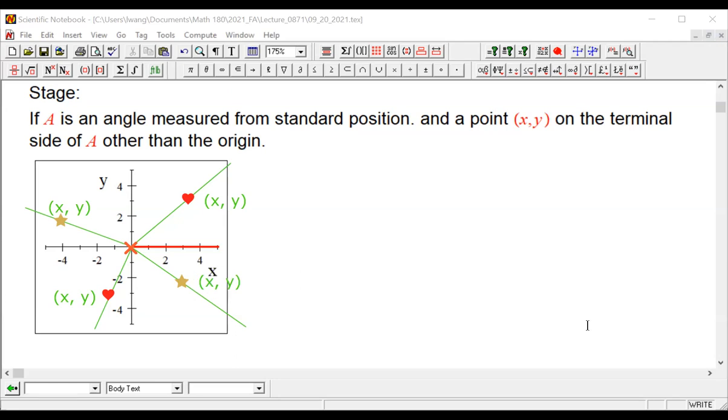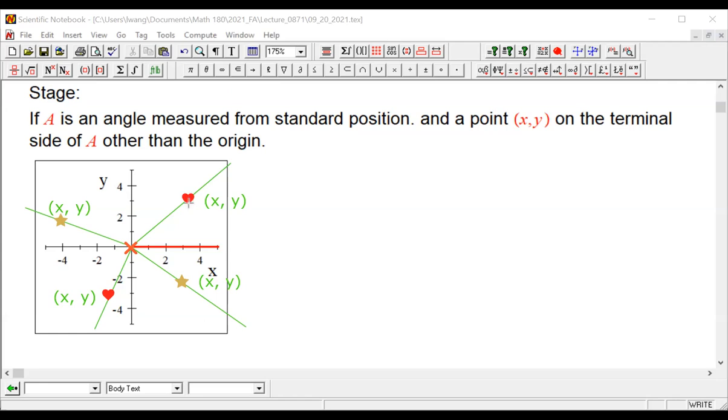You have all these possibilities. You guys follow me? Tell me, what's the meaning of x? What's the meaning of y? Basics. What is the meaning of x? And what's the meaning of y?